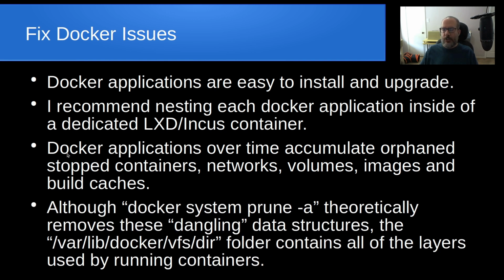So although docker system prune, which is a really great command that's existed since something like Docker 1.3, theoretically removes these dangling data structures, there is a folder in /var/lib/docker/vfs/dir, and that contains all of the layers used by running containers. However, if you have a container that terminates abnormally, these files are left behind, and over time they can grow significantly. So this video is going to be about that and some other Docker issues.